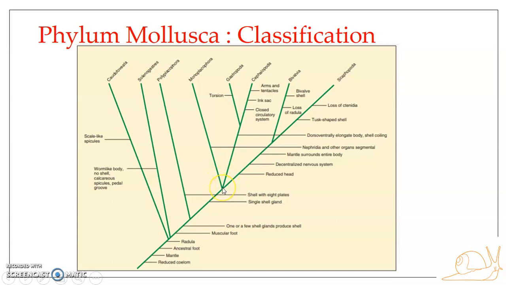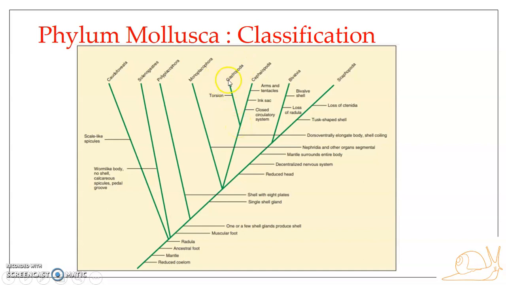Shell was there, but only a single shell gland. From such an ancestor, the first to evolve was Monoplacophora.